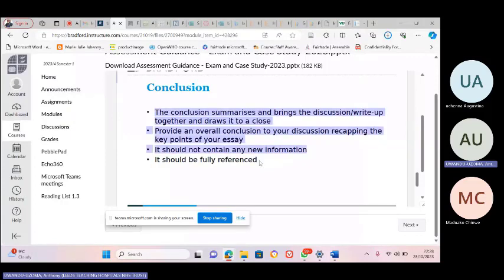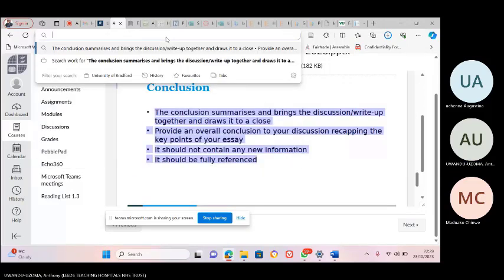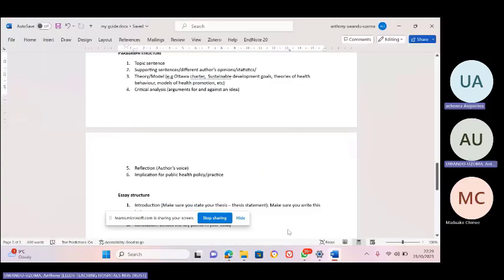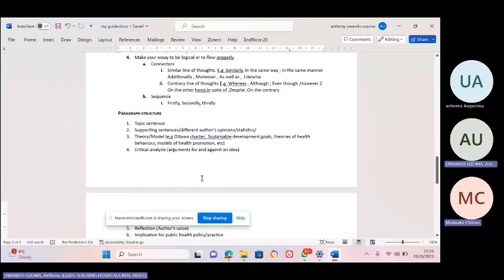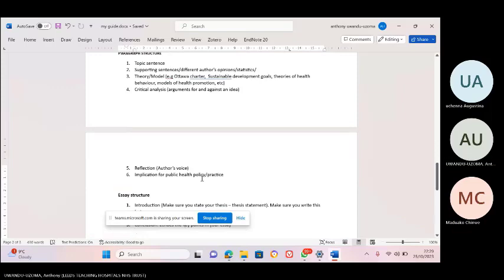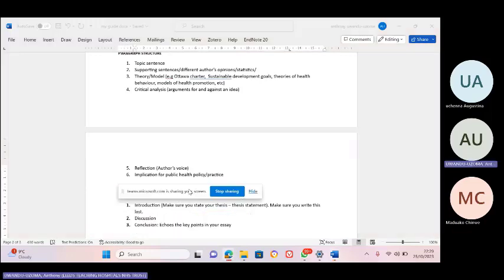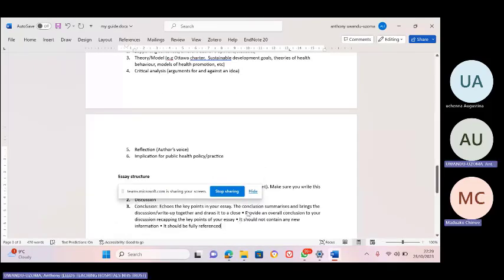So let me just copy it out. Let me add it so you can see how I'm building up my material, what I will use to write my essay. So they said conclusion should not contain any new information. So let me put it here.